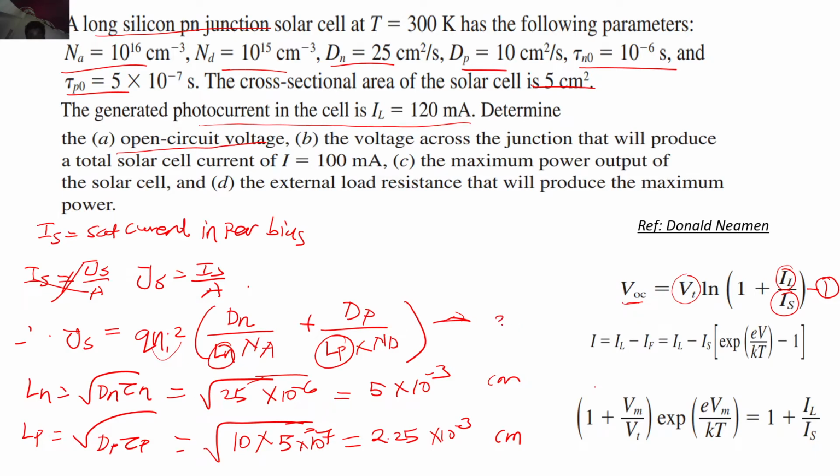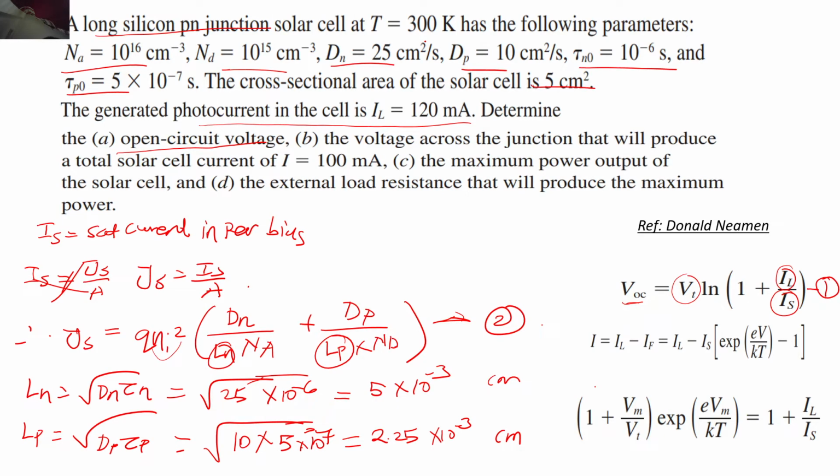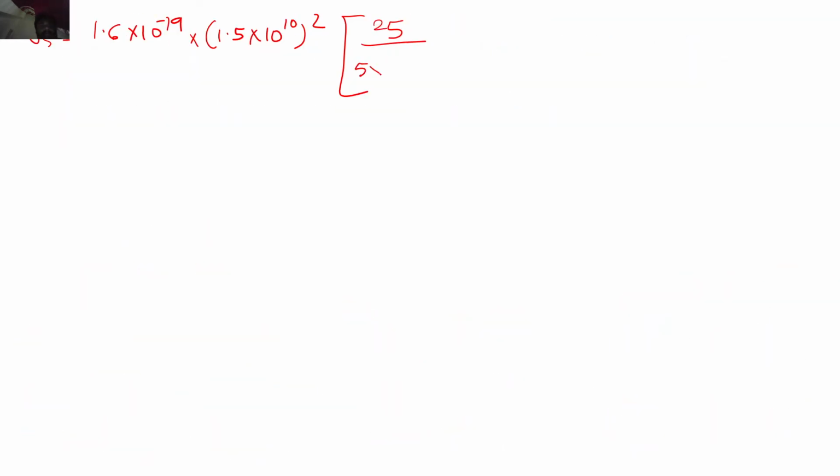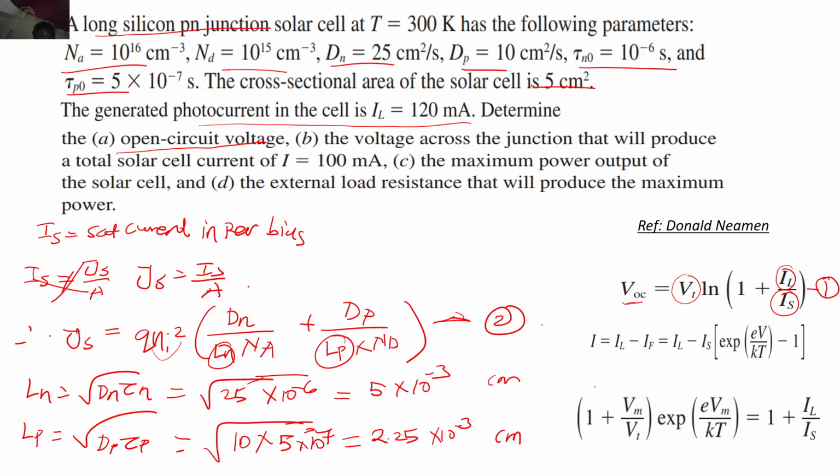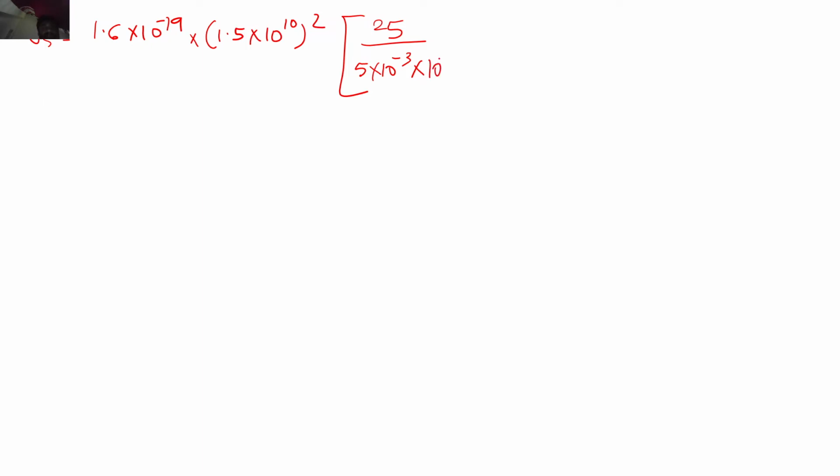Let me denote this as equation number 2. Hence the value of JS is 1.6 into 10 to the power minus 19, into ni square, which is 1.5 into 10 to the power 10 the whole square, into Dn which is 25 upon Ln which we calculated as 5 into 10 to the power minus 3, into the concentration Na, given as 10 to the power 16.